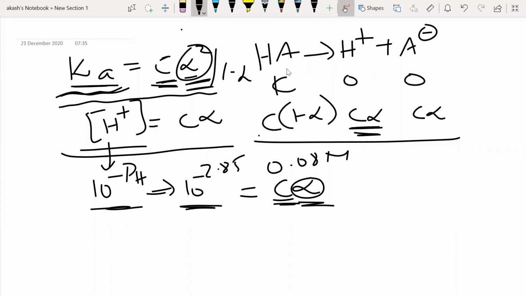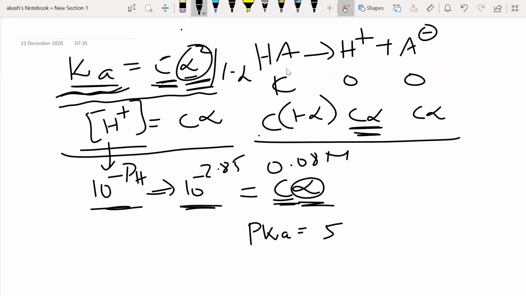Okay, so they're asking what is the degree of ionization and pH of 0.5 M propanoic acid, that is the molarity, and they have given the pKa value. pKa of this acid is 5. So again, I repeat the question.